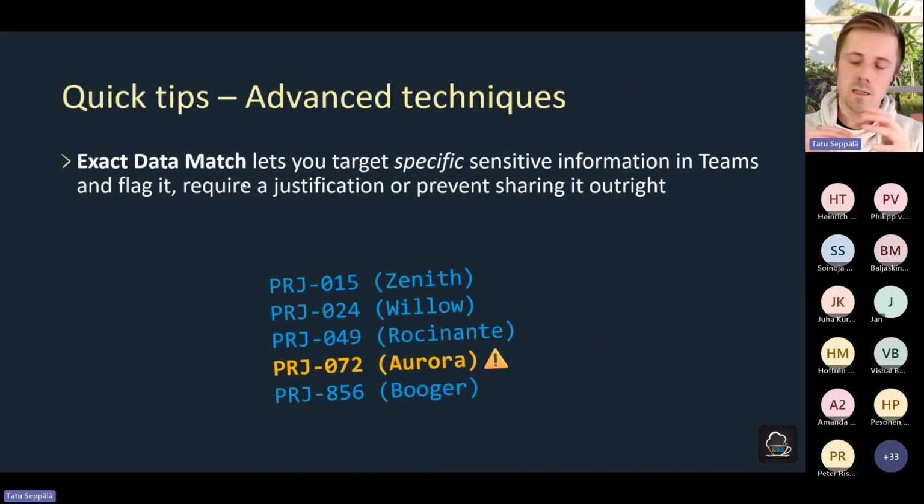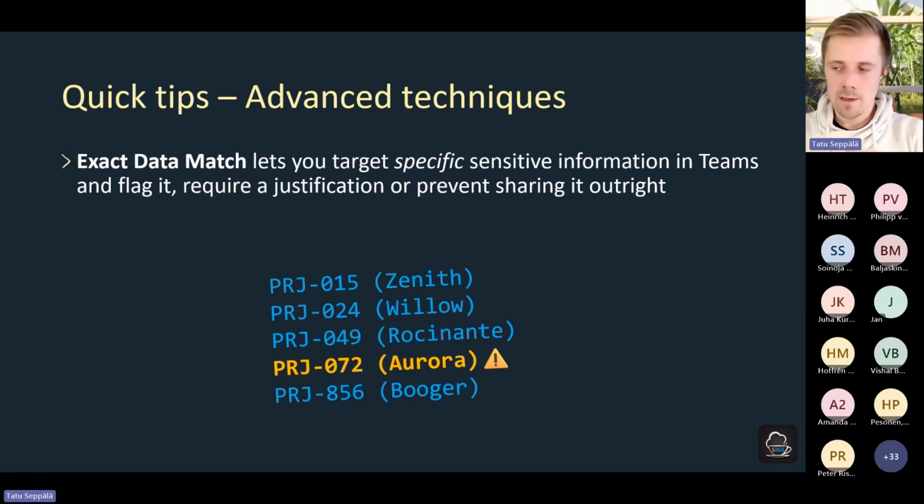And exact data match, I think it's really slept on a lot because it's technically demanding to set up. It's not as straightforward as some other capabilities, but it's really valuable for making sure that the most important information, whether it's project IDs or product development details, gets handled differently.